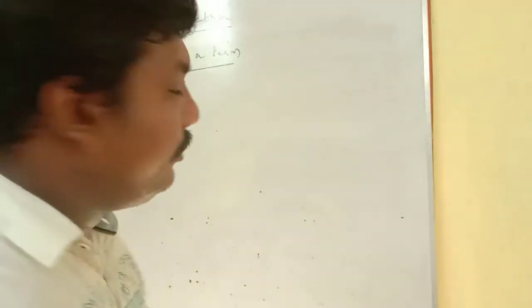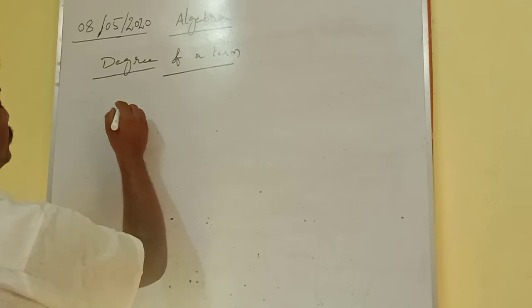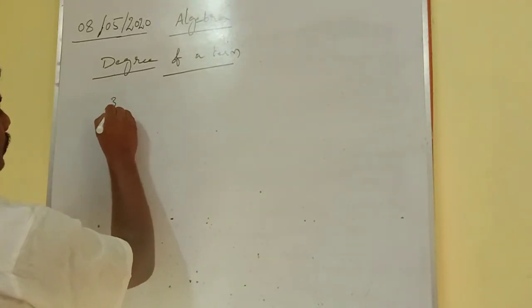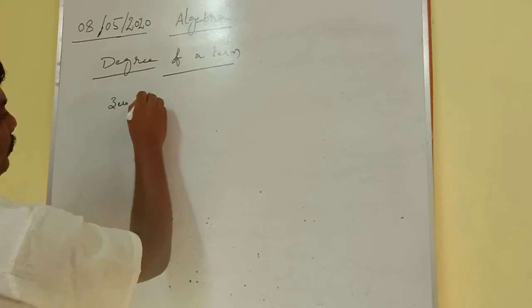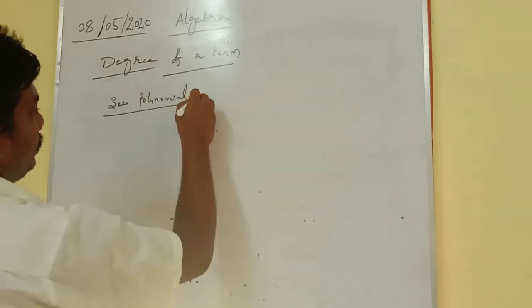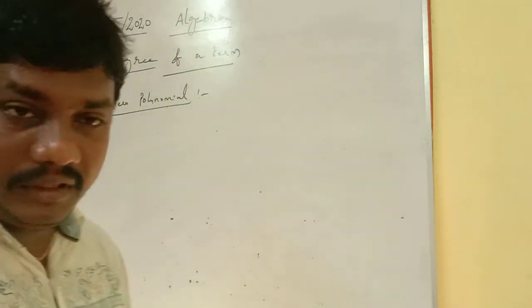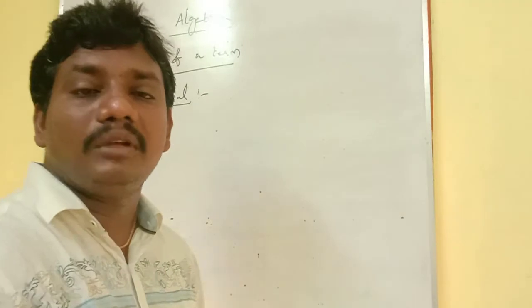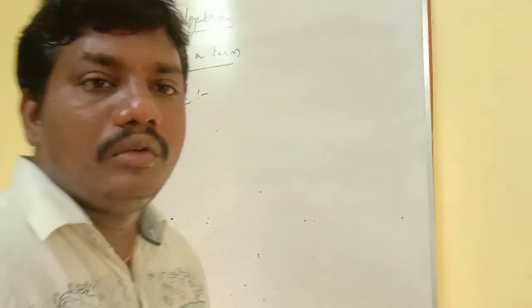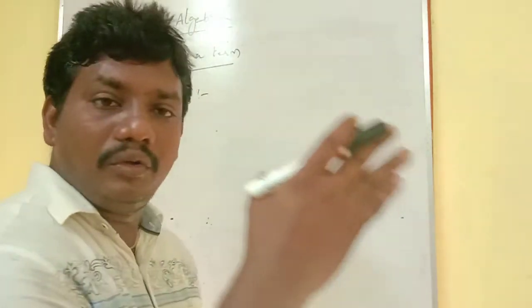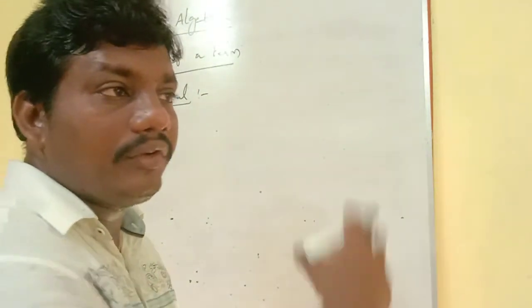Then what is the degree of the 0 polynomial? What is the 0 polynomial? The 0 polynomial is a polynomial in which each and every numerical coefficient is equal to 0.